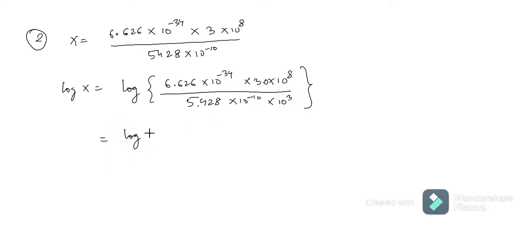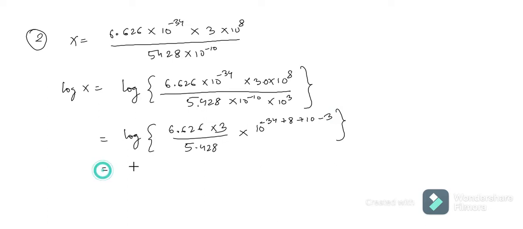So the number turns out like this: 6.626 into 3 divided by 5.428 into 10 to the power minus 34 plus 8 plus 10 minus 3. This again reduces to 6.626 into 3 by 5.428 into 10 to the, how much will this be?